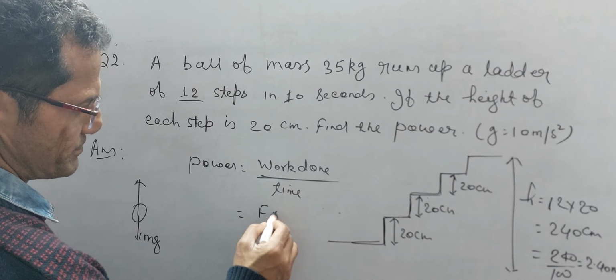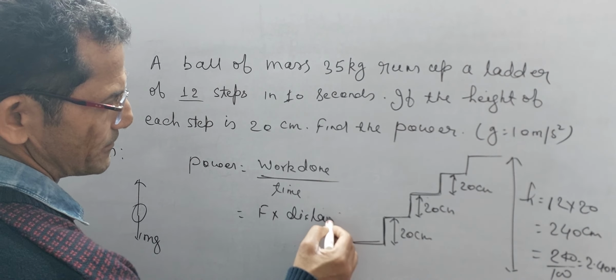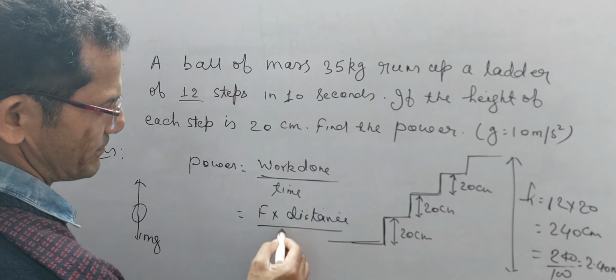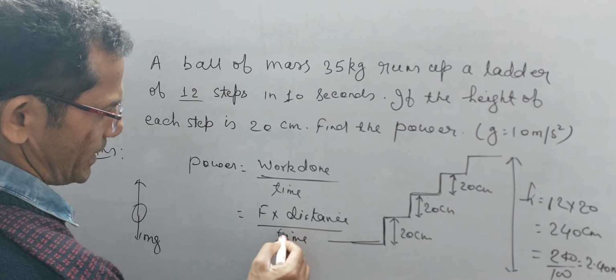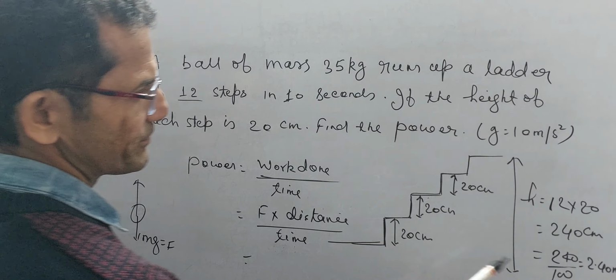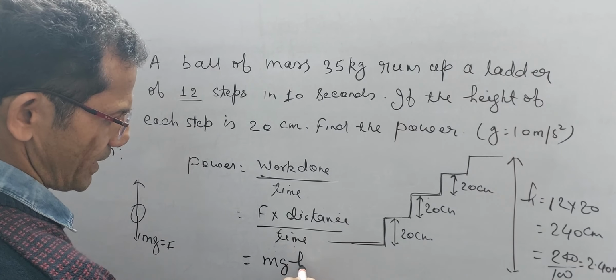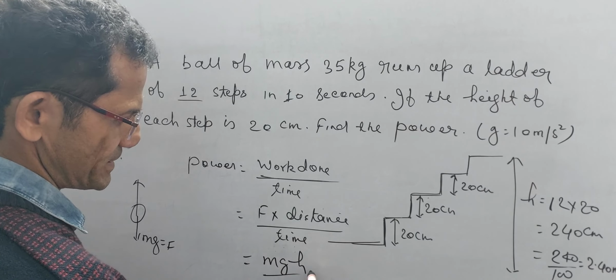Work done is equal to force multiplied by distance, divided by time. Here the force will be the weight of this ball, and the distance will be h. Therefore our formula becomes mgh divided by the time taken.